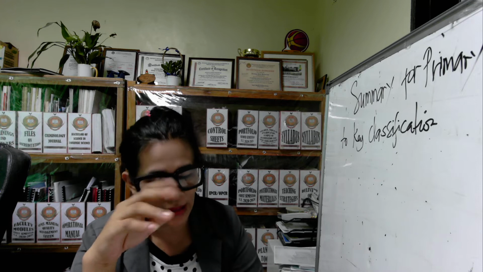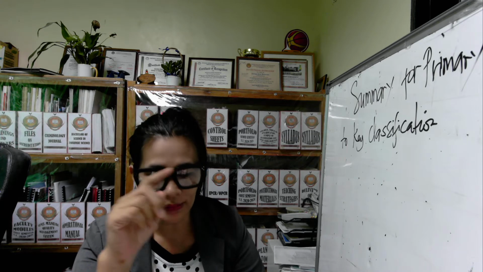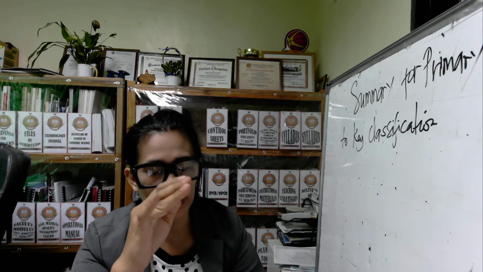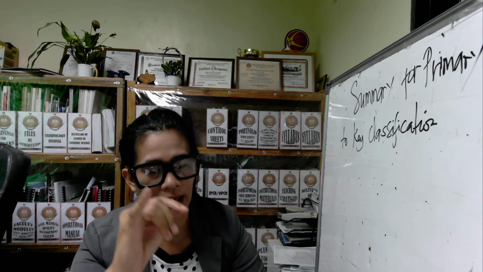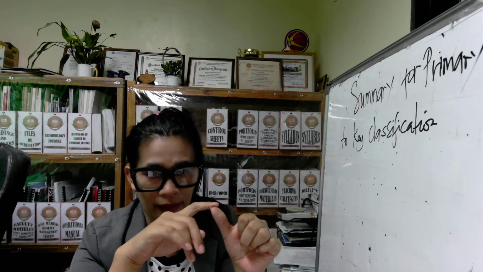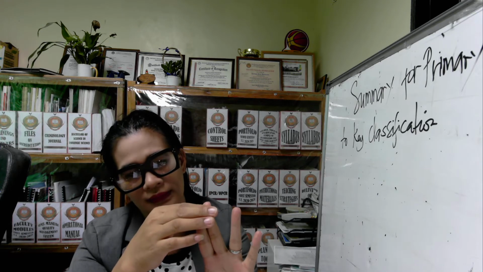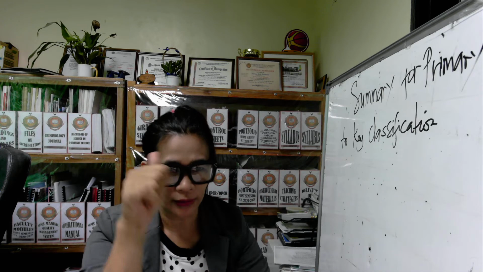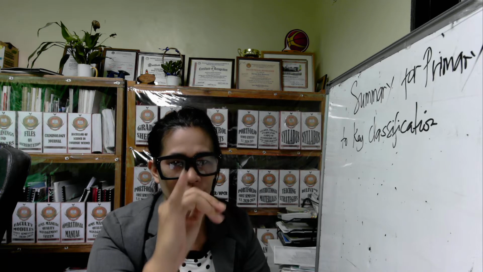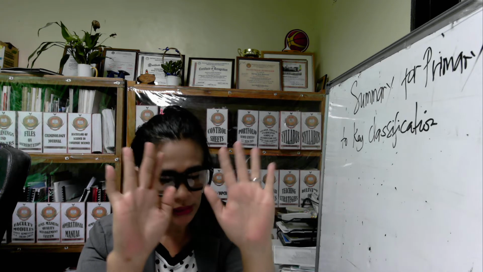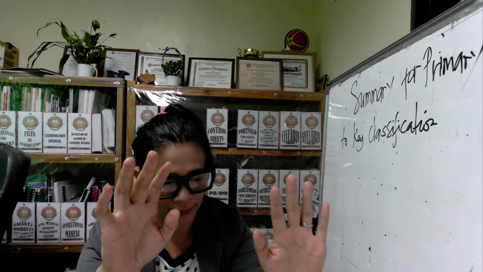So we have now 1 and 2, that is the first pair, 3 and 4, the second pair, and 5 and 6 is the third pair, 7 and 8 fourth pair, and then 9 and 10 your fifth pair. So that's finger 1, finger 2, finger 3, finger 4, finger 5, 6, 7, 8, 9, 10. So those are the pairing.